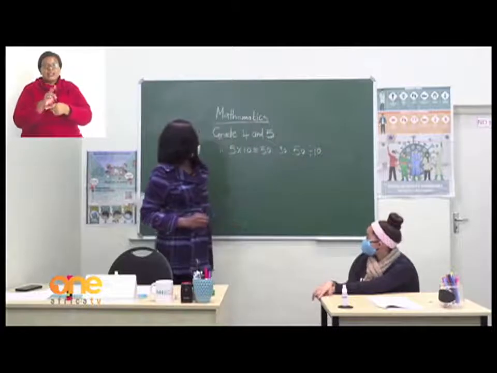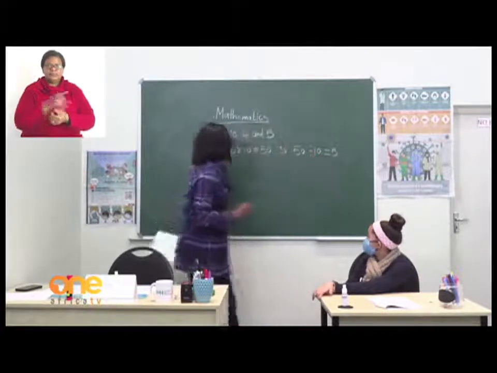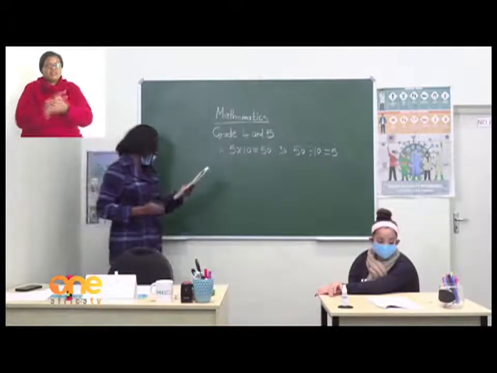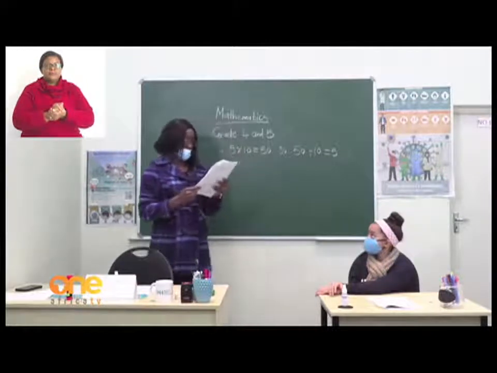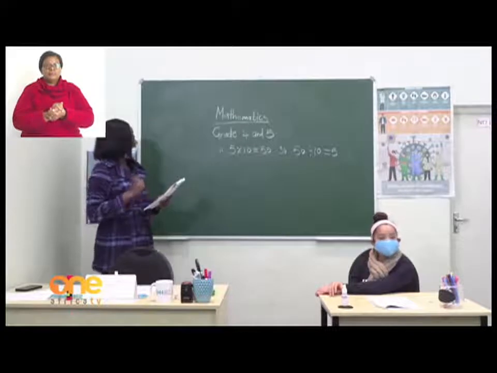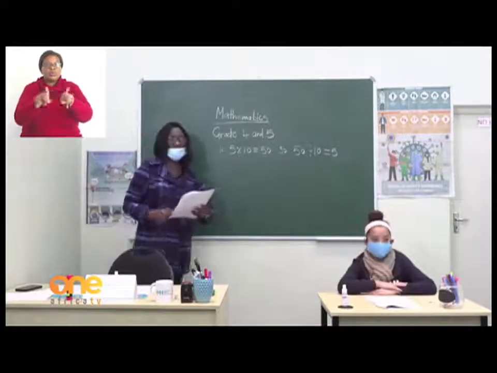What will be our answer? It is 5. That's what we call inverse operation. Boys and girls, I want you to put it in your mind and work it out accordingly. Stay tuned. We'll be back.